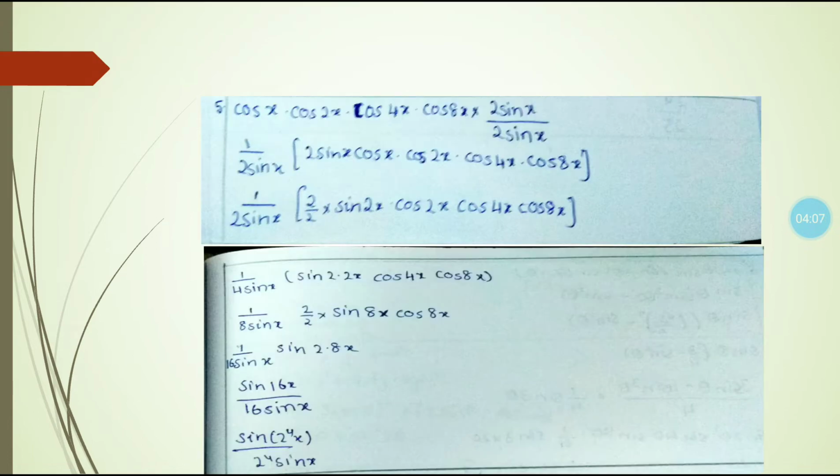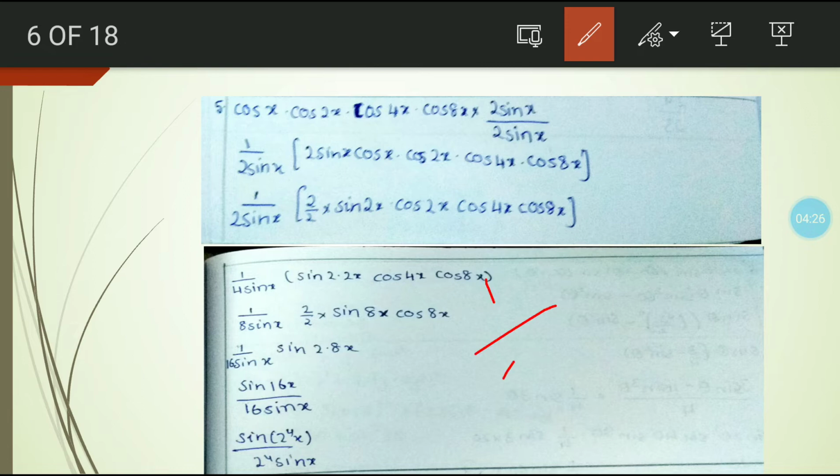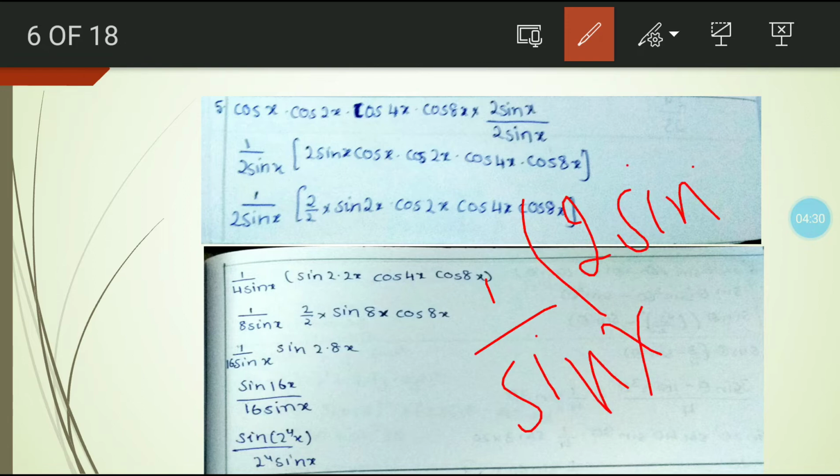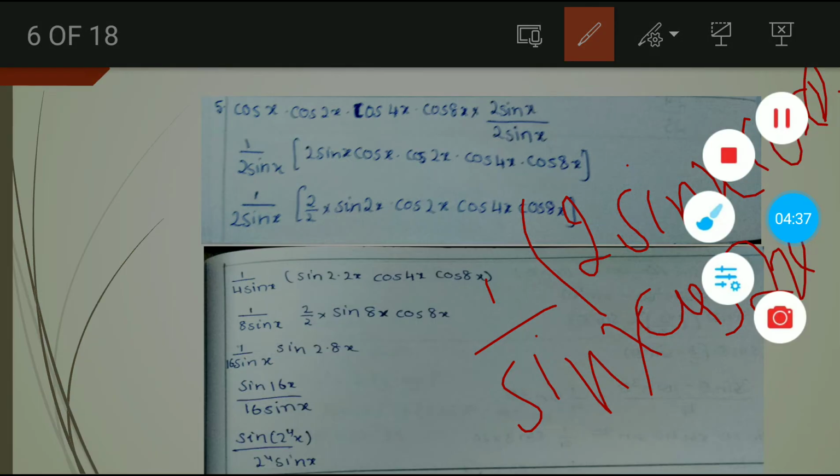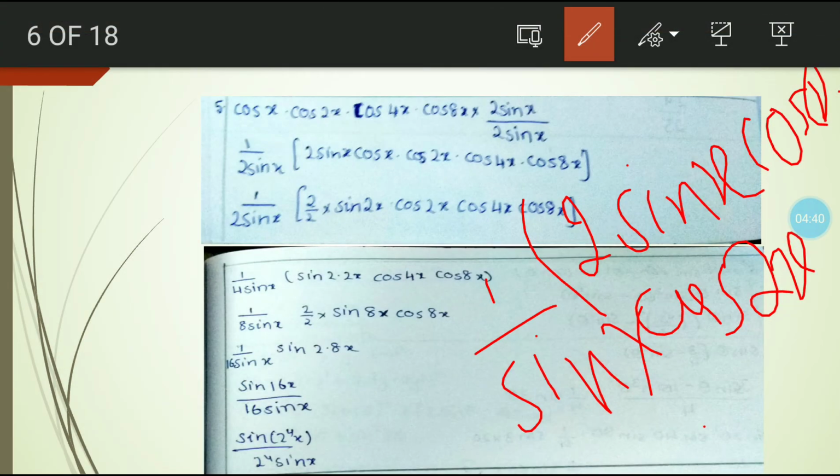Now fifth question, show that cos x cos 2x cos 4x cos 8x is equal to sine 16x by 16 sine x, if sine x is not equal to 0. Then now here 1 by sine x is equal to 2 sine x cos x cos 2x, like that.